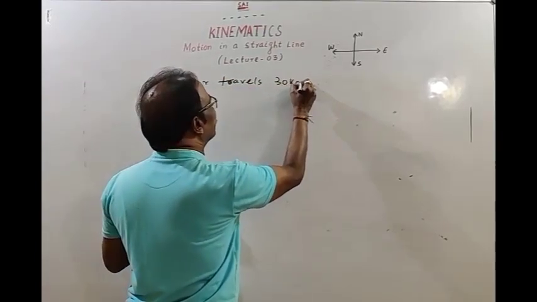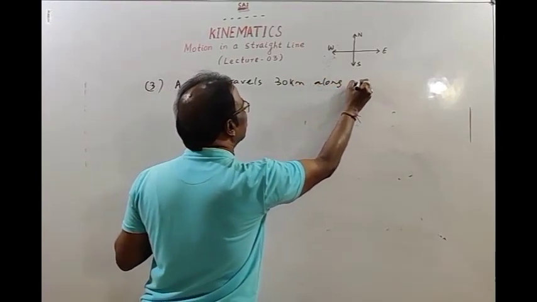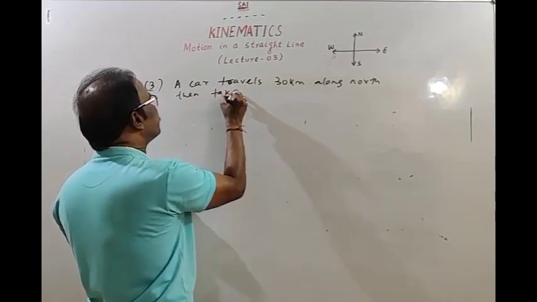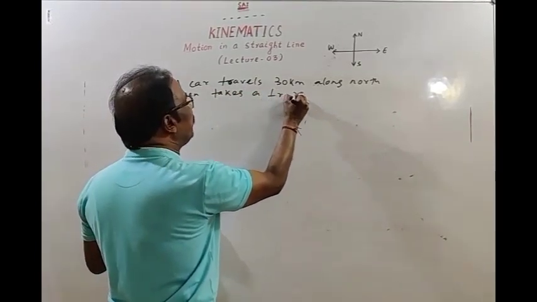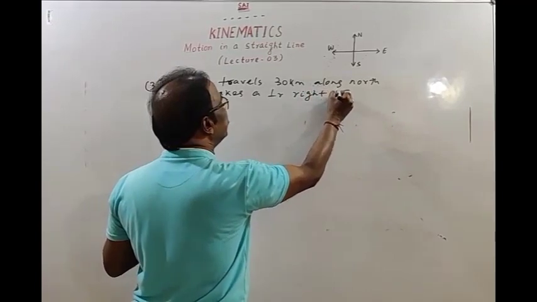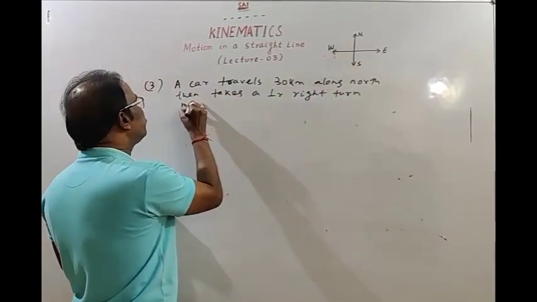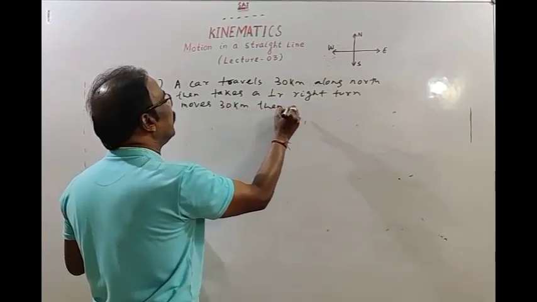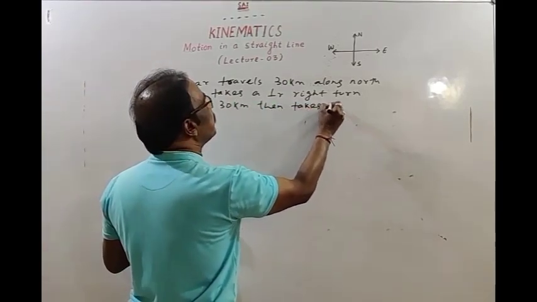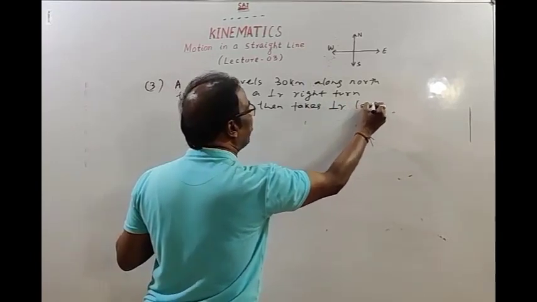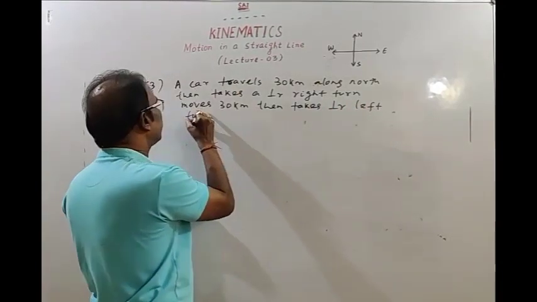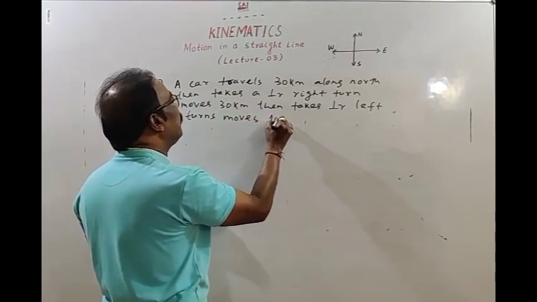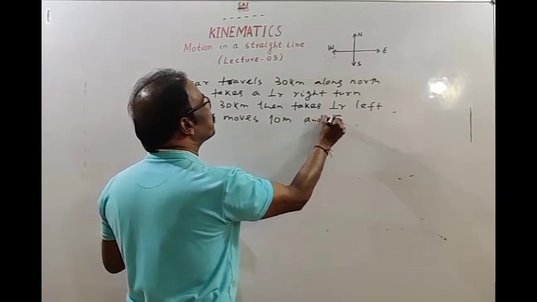A boy or a car travels 30 kilometers along north, then takes a perpendicular right turn, moves 30 kilometers, then takes a perpendicular left turn, moves 10 kilometers and stops.